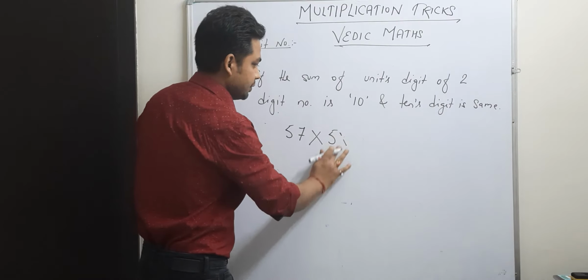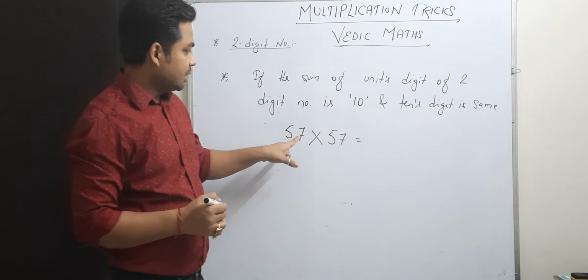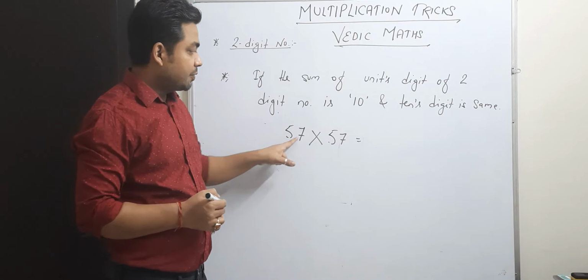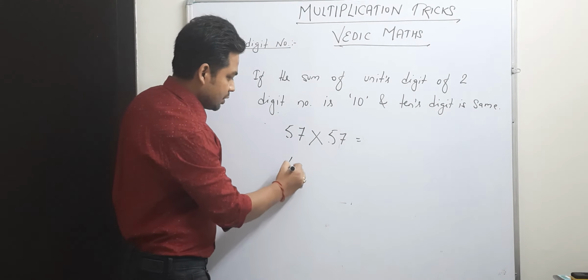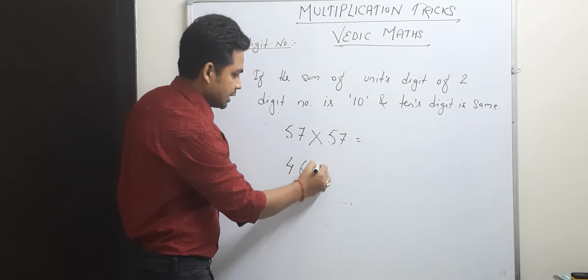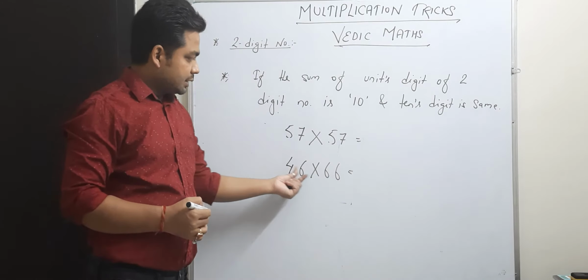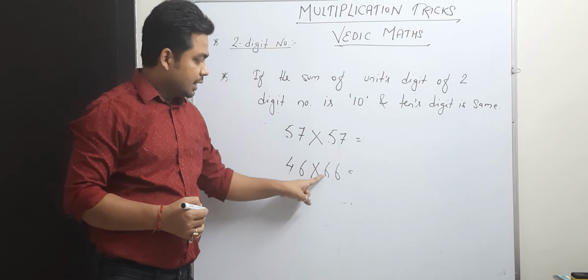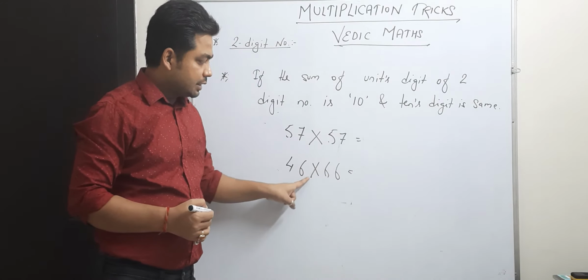Now the second case will be in which the units digit will be the same but the sum of tens digits will be 10. Now we can take another question, 46 multiplied by 66. In this, the sum of the tens digits, 6 plus 4, is 10 and the units digit is the same.